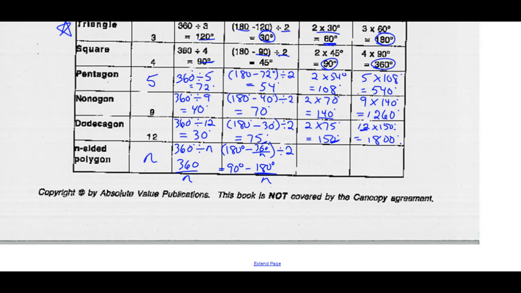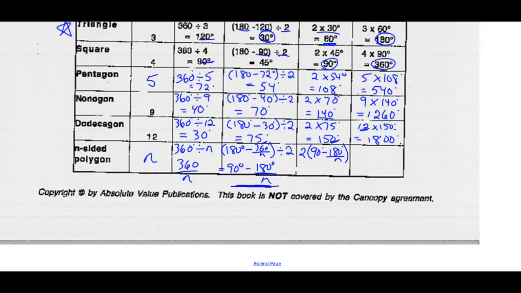Now we take each of our isosceles triangle angles that are equal and multiply that by 2. So 2 times the statement in the previous, 90 degrees minus 180 degrees over n.